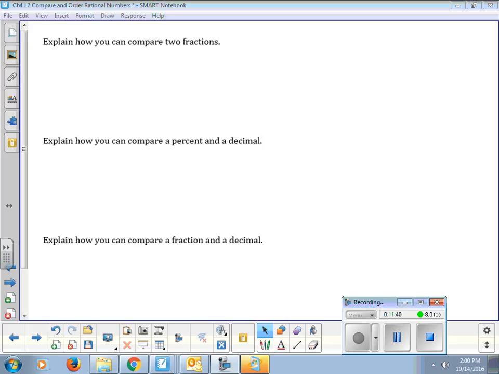Okay, who can give us an explanation of how you compare 2 fractions? Okay, you can divide and change into decimals and compare them. You could do what next? Find common denominators to compare them, or what was the trick that I showed you earlier? Well, you could multiply it like a cross. Yeah, multiply across, or cross multiply.